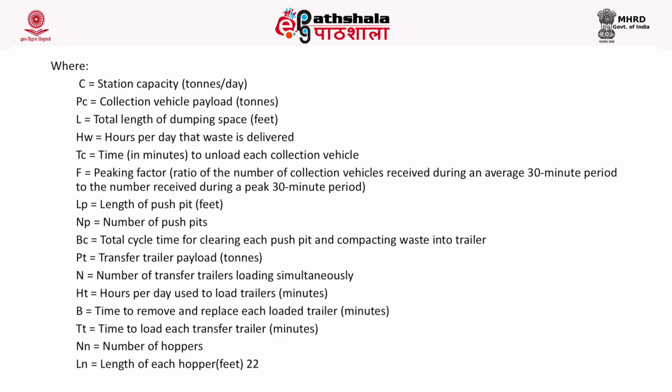PT is the transfer trailer payload, N is the number of transfer trailers loading simultaneously, HT is the hours per day used to load trailers, B is the time to remove and replace each loaded trailer, and T is the time to load each transfer trailer in minutes.